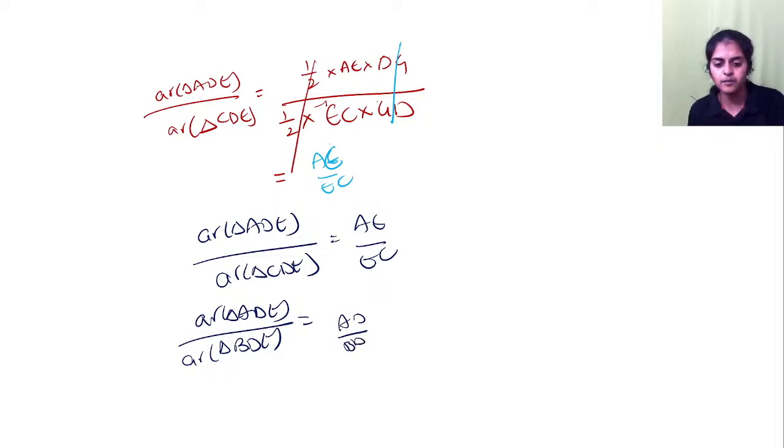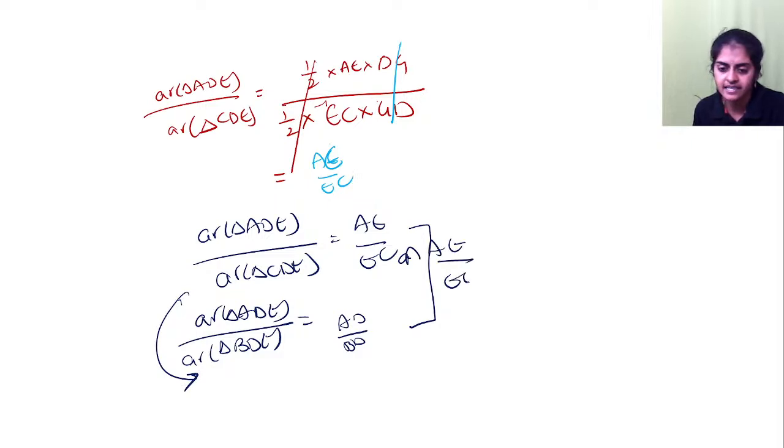So now this one we have got, we can equate, the common term will get cancelled. What do we know, area of triangle CDE equals area of triangle BDE. If you substitute, you will get AE by EC is equals to AD by BD. Understood everyone till here?